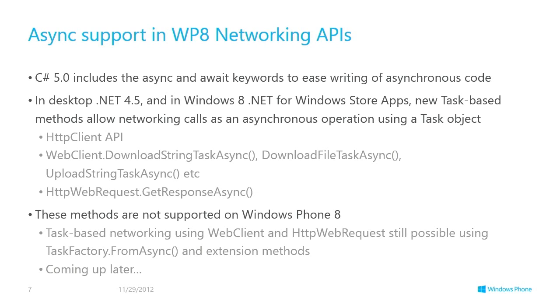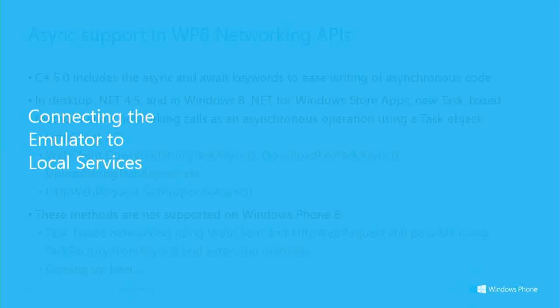In desktop .NET 4.5 and in the Windows 8 .NET for Windows Store apps, all of these networking calls, along with everything else that is a potentially long-running operation, are now based on this new task, async and await model, the task programming library stuff. And we don't have that, unfortunately, in the Windows Phone 8 APIs. But we can add this with a few little workarounds, and I'm going to show you that in just a moment.